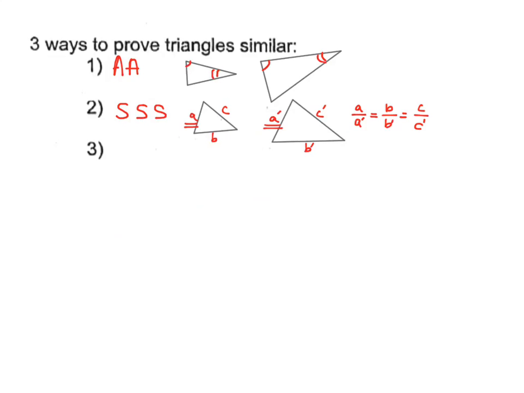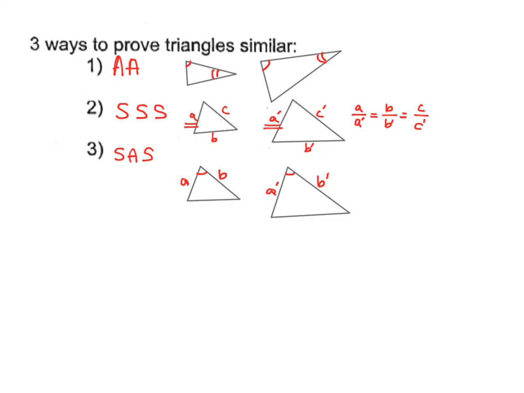Next one would be SAS. In this case, SAS in similarity basically means I have one triangle, I have a second one, A prime, and one pair of the sides are in proportion with the second pair, but the angle between them happens to be the same.